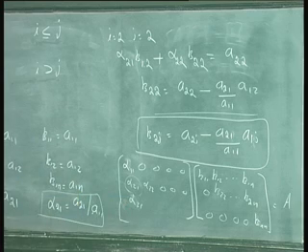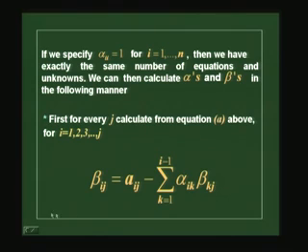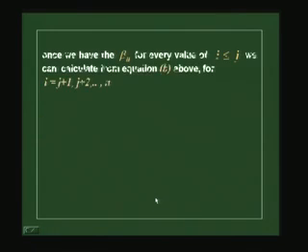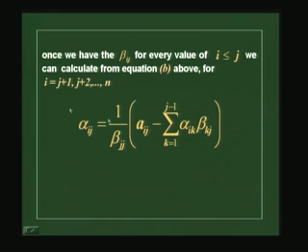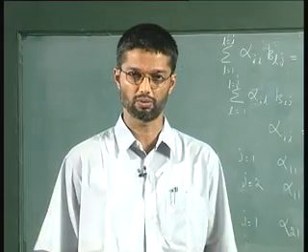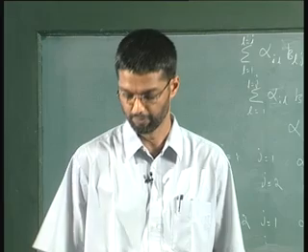So in summary, what I am trying to say is that the operations which we do here to get this beta and alpha matrix finally produce a matrix beta which is the same as the upper triangular matrix we got from the Gauss elimination scheme. That is the U matrix here.